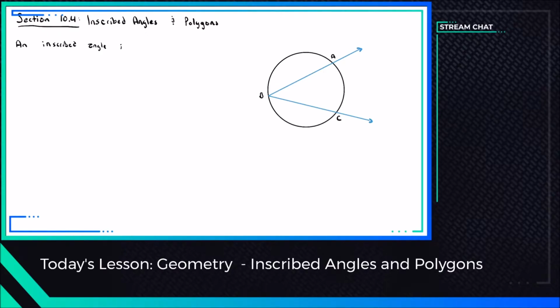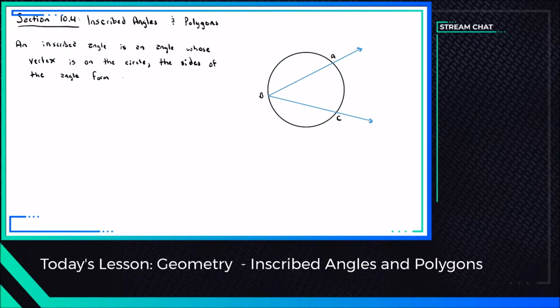So an inscribed angle is an angle whose vertex is on the circle. Furthermore, the sides of the angle form chords within the circle.